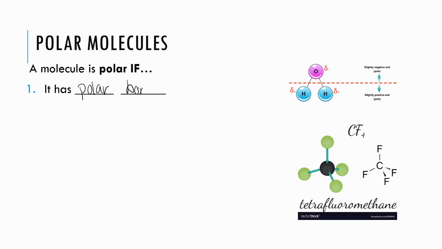It can't be polar if it doesn't have those polar bonds that we talked about in that first video. If those electrons aren't being shared unevenly, then we're not going to have any unevenness in the entire molecule. And that's what polarity is all about, is being uneven. So we have to have unevenness in the bonds before that can be expanded into the molecule.